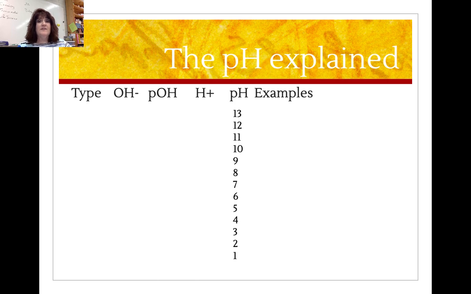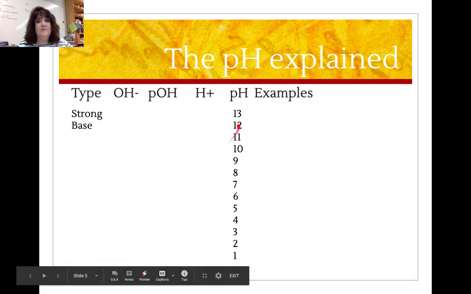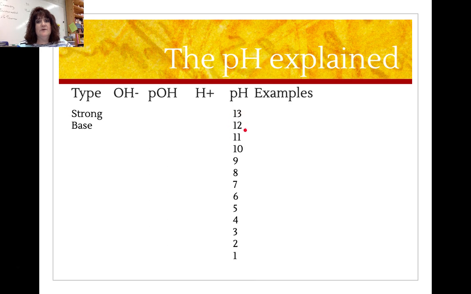So we're going to start with the type, and we're going to start at the top. So pH of 13, 12, and 11. Grab that little handy dandy pointer of mine. 13, 12, and 11. These three right here are a strong base. And you can just write SB if you want to, or strong base.